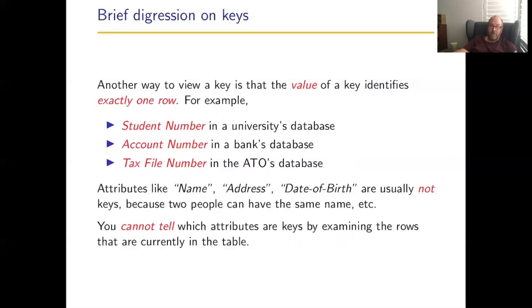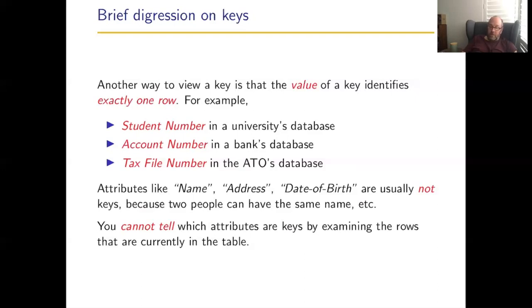These sort of things are largely what are known as artificial keys. In order to tell students apart, we've just declared that we will give every student a student number, and for each student number, there will be one student.